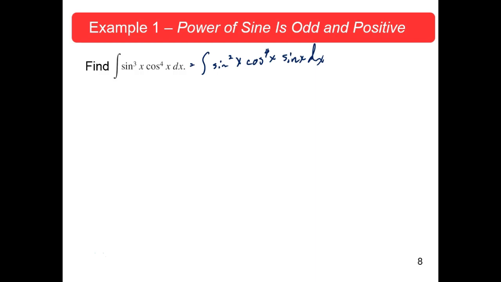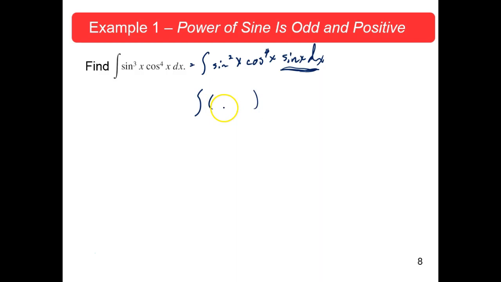Yep. Okay? Now, the reason we pulled out that odd one is this is the derivative of cosine, with minus sine included. Okay? So the remaining sine we write as, what is sine squared in terms of cosine?